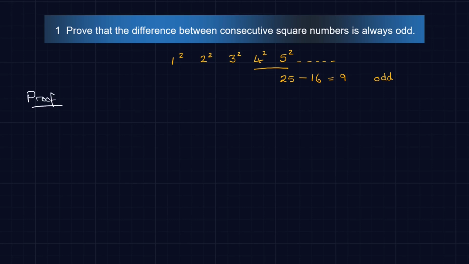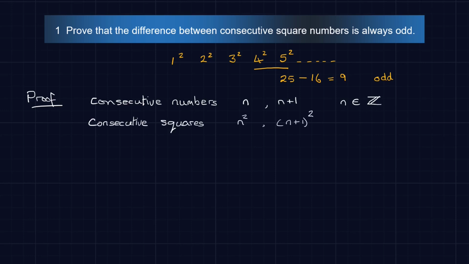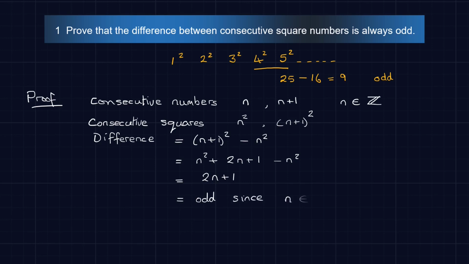If we take two consecutive numbers, n and n plus 1, where n is an integer, then their squares are n squared and (n plus 1) squared, and the difference between them is this. Expand the bracket, cancel the n squareds, and we have 2n plus 1, which we know is odd as n is an integer. And that's our proof.